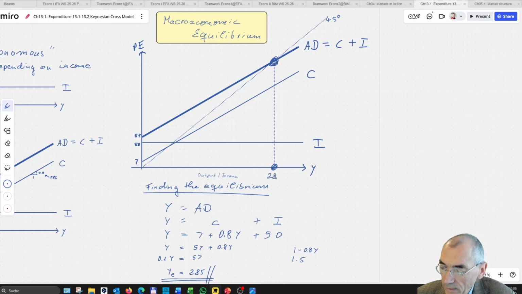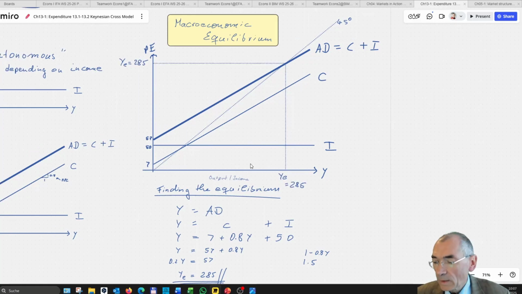So 285 here, and the same holds on the vertical axis as it's an equilibrium. So we have the equilibrium value: if we know the demand function, the consumption function, and the investment, then we are able to compute the equilibrium value, the value of y, where the two functions intersect.